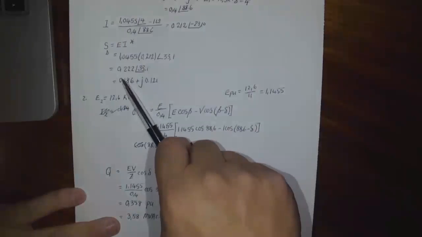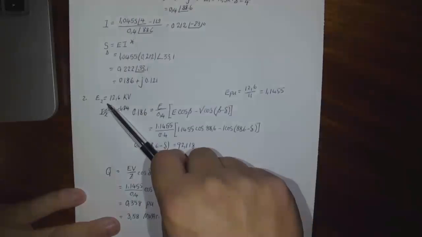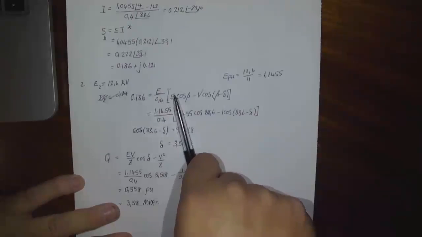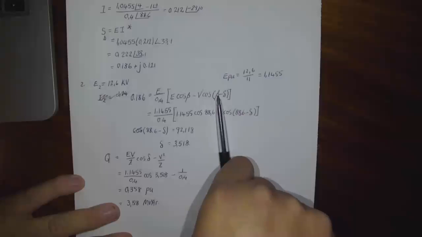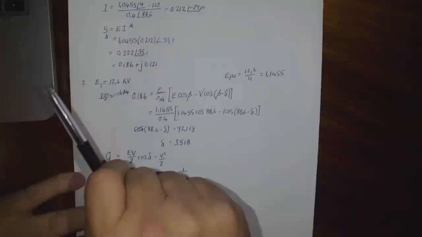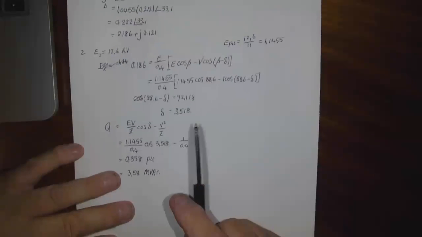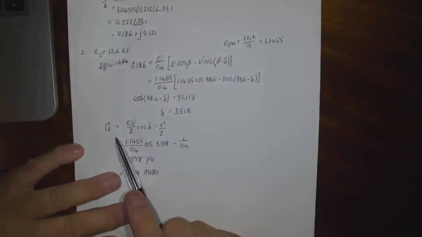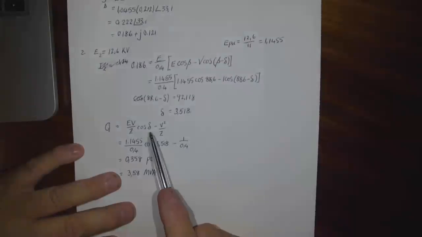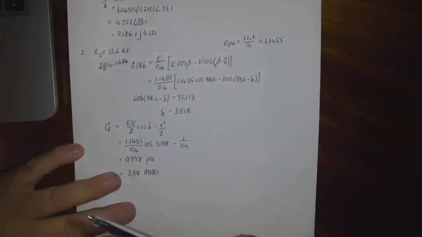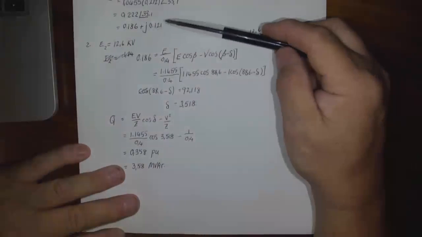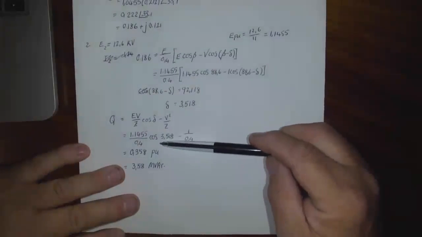P is going to remain the same, and we're just going to change E. So we use the formula P is E over Z, E times cos beta minus V cos beta plus delta. Then you'll see that the load angle changed to 0.3518. Then we can calculate the developed Q, which is EV over Z cos delta minus V squared over Z, and there you can see it's 0.358 per unit. So it changed from 0.121 to 0.358 per unit.